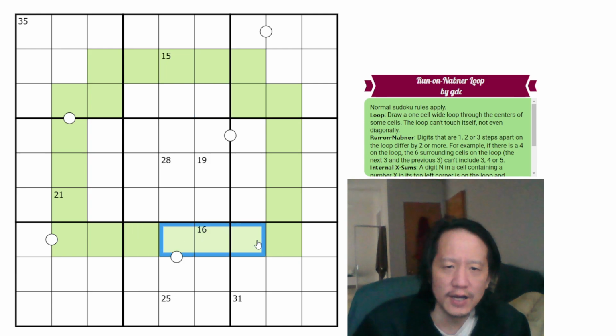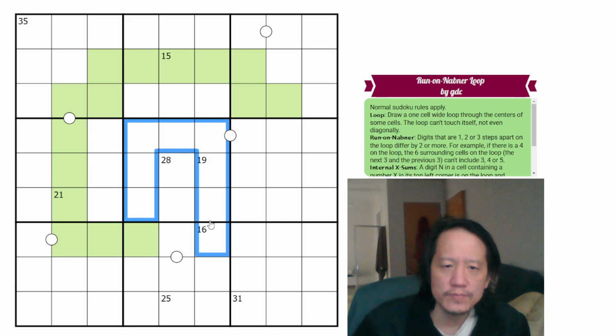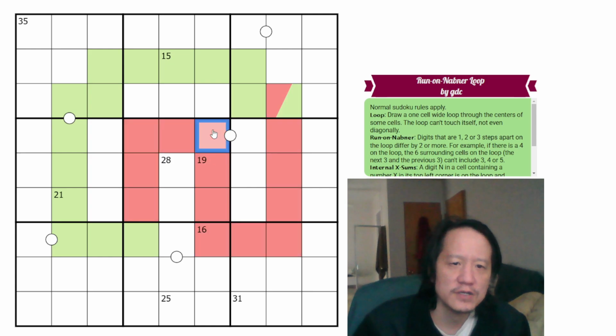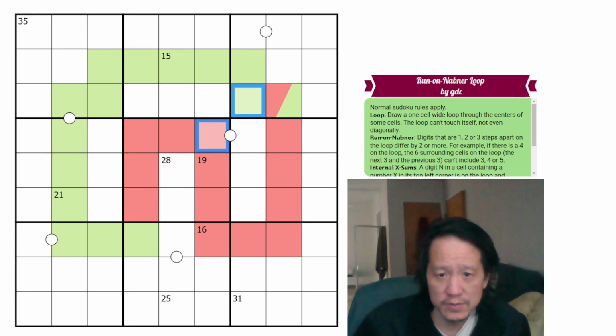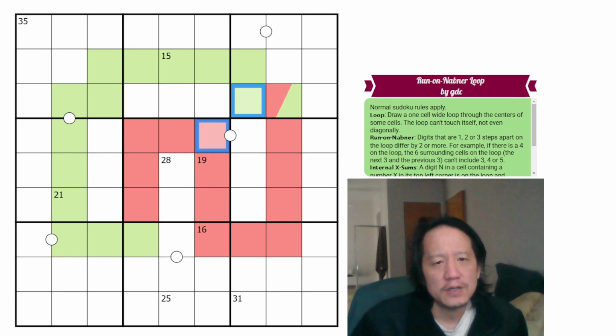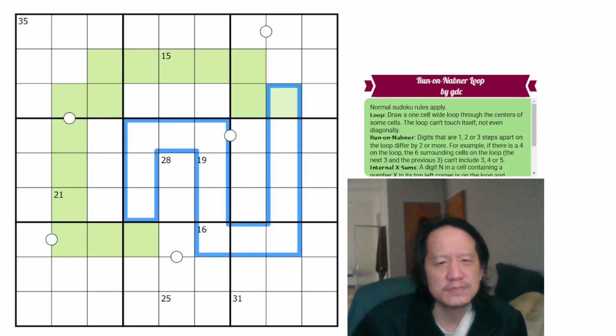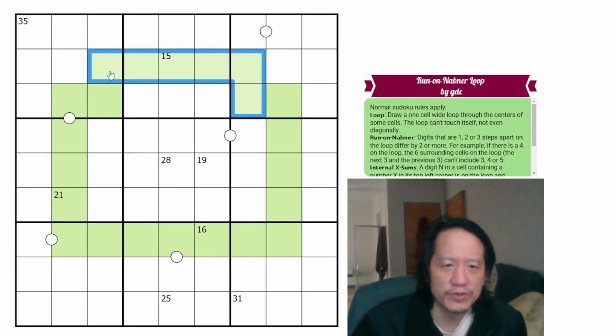So it could not be something along the lines of like this, right? First of all, because it would touch itself diagonally in multiple positions. So this is touching itself diagonally, so this is not possible. Hmm, I'm not sure if it has to be orthogonally connected completely through the loop.